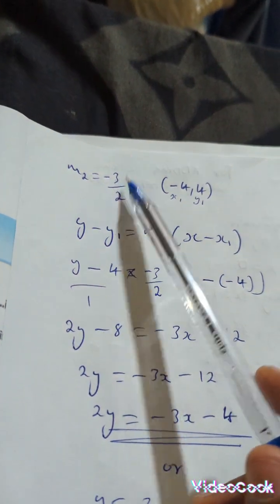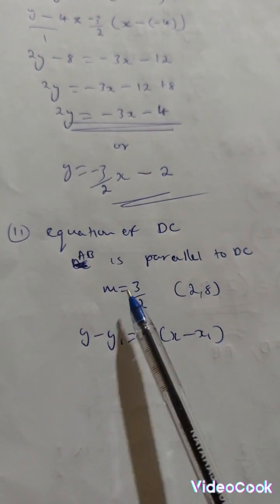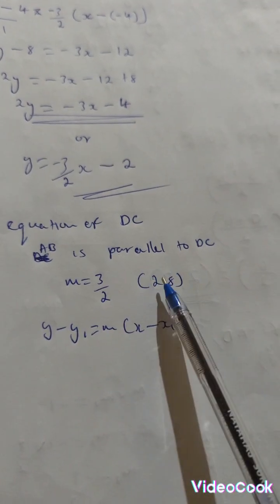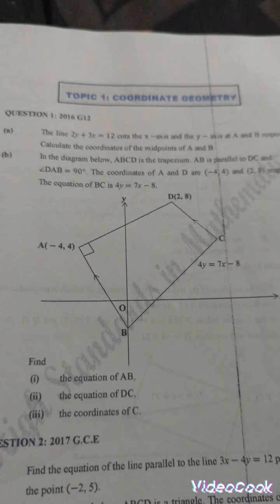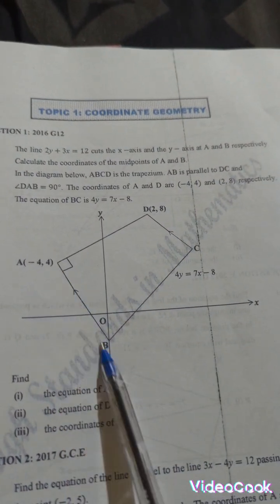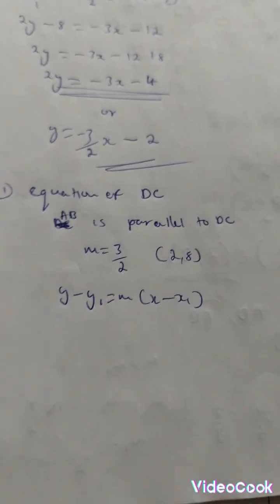This was for a perpendicular, but for parallel we all know that it won't have a negative, and the coordinates that we're using are 2, 8, the ones for D. We're finding the equation for DC, and the gradient for this one was -3/2, but since it is parallel, it will be 3/2.